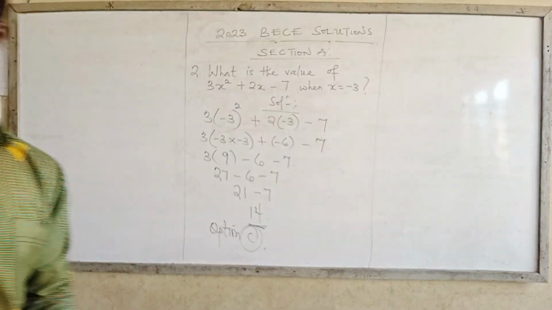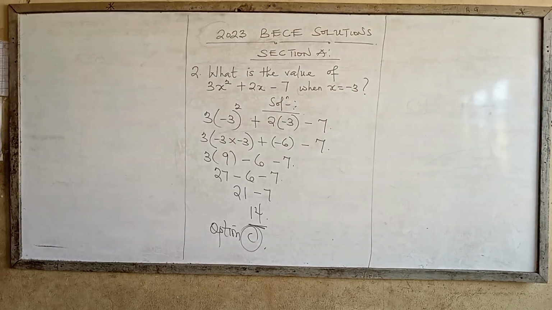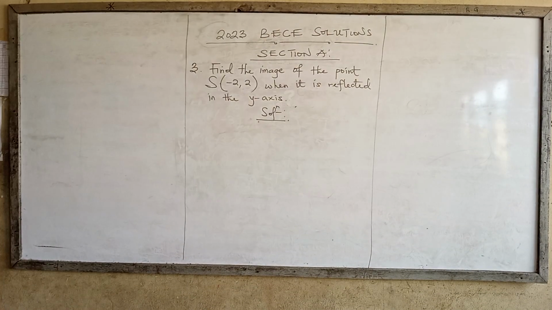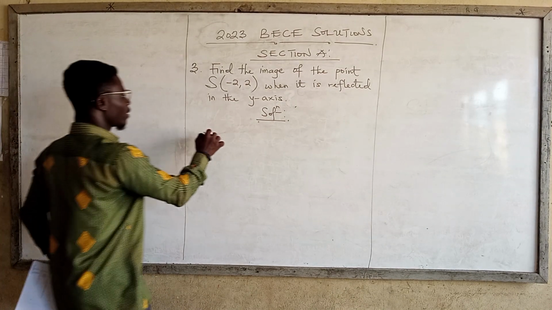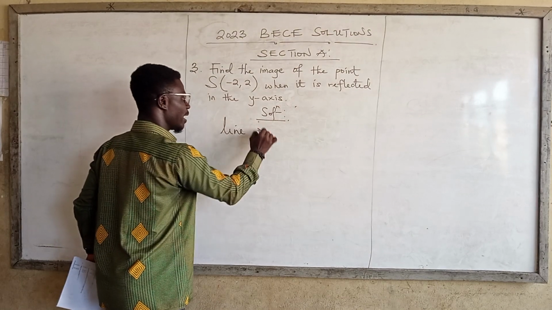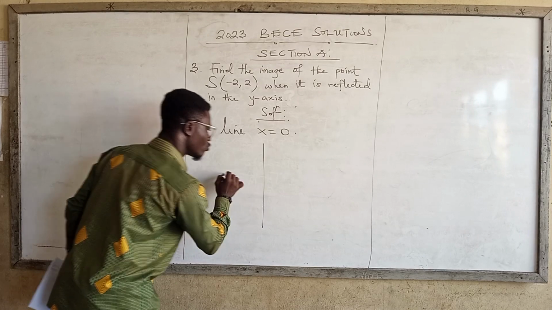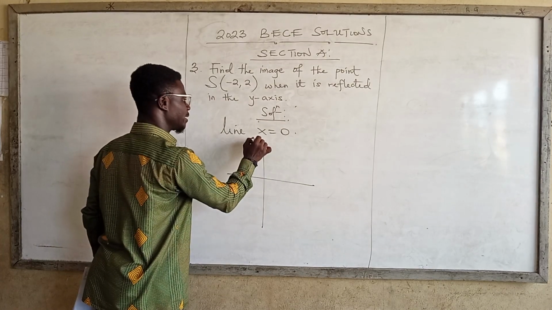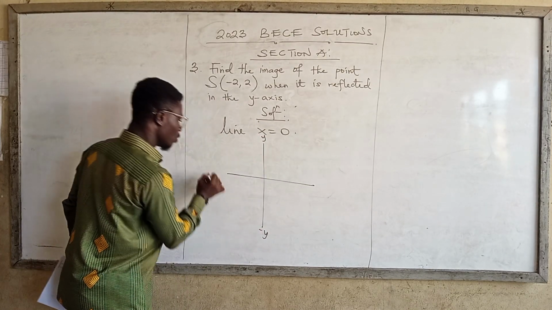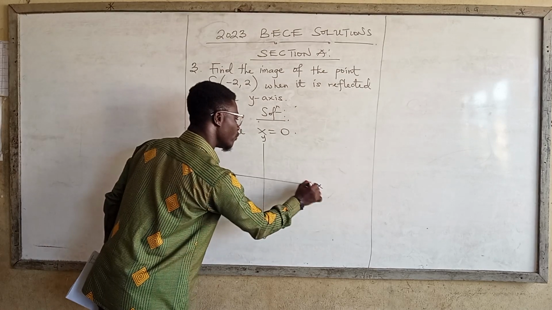Question 3. Find the image of the point (negative 2, 2) when it is reflected in the y-axis. This means we have the line x equals 0. I can draw my Cartesian plane here so that I'll know my formula real quick.